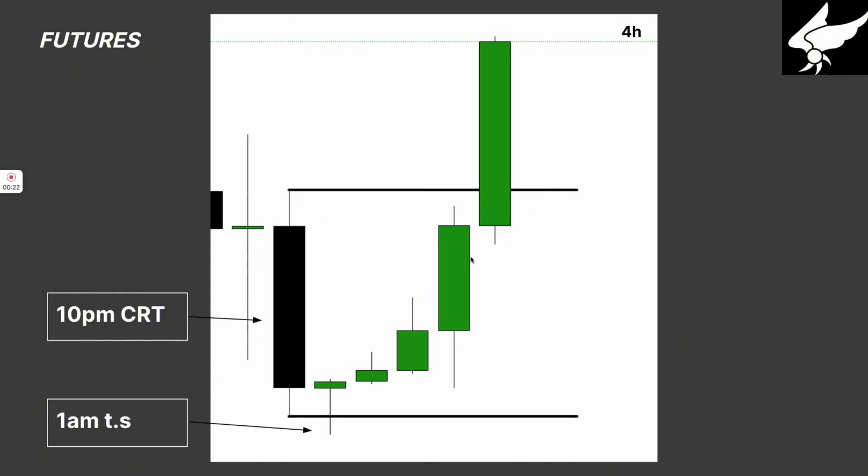As I mentioned before, futures, you want to be paying attention to 2, 6, and 10 on the 4-hour time frame. 10 p.m. CRT and 3, 6, 9 plus 1, 4 turtle soups. CRT at 10, turtle soup at 1. Seems like magic, right?